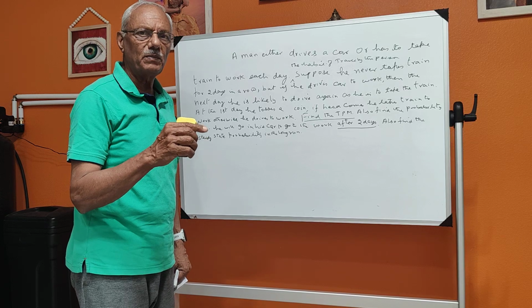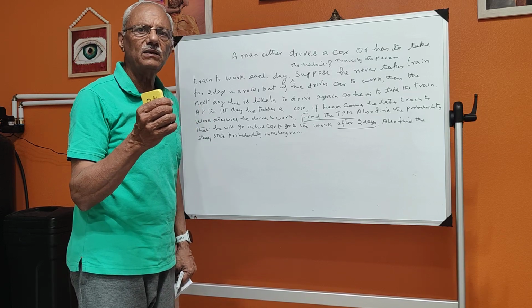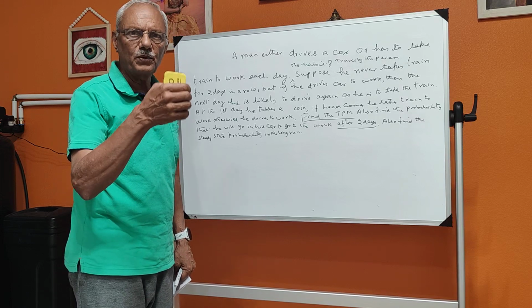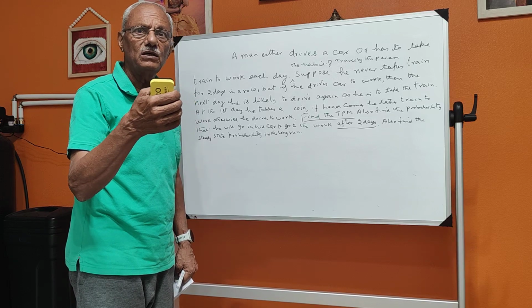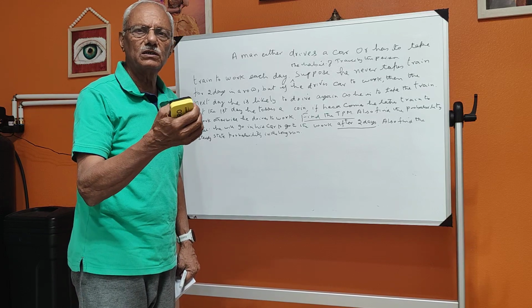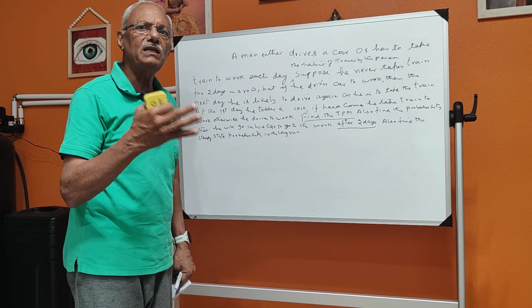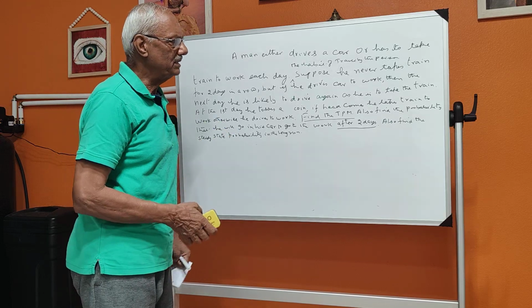If I am able to find that for the nth day, then we can calculate the probability for any day, maybe the initial day, or first day, or second day, or third day. So let us start this.